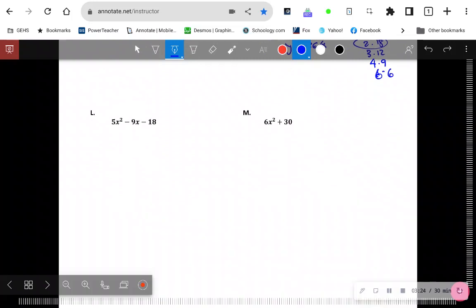Once again, you check for a common factor first, and you guys can see there's a 5 there. The only number that divides into 5, since it's a prime number, is 5 itself. Now, if you take 5 times 18, you get negative 90. And so we're going to try to break this apart with some stardust here.